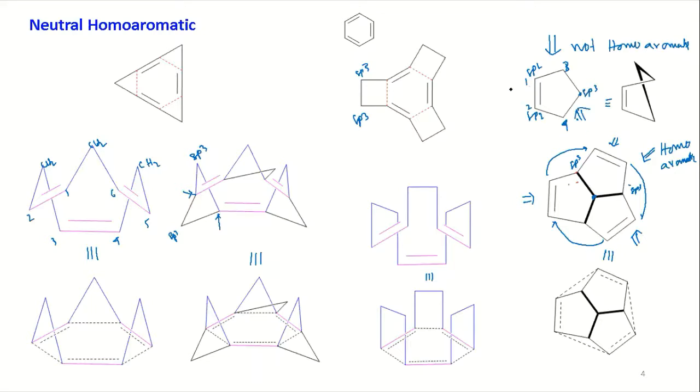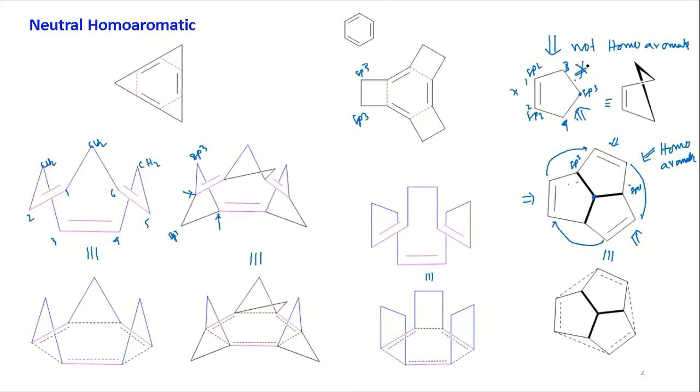This is not homoaromatic. This is just a unit which is connected to others to build the compound. Got it? There is no 4n plus 2 pi electrons maintained, and I am not talking about this as homoaromatic at all.